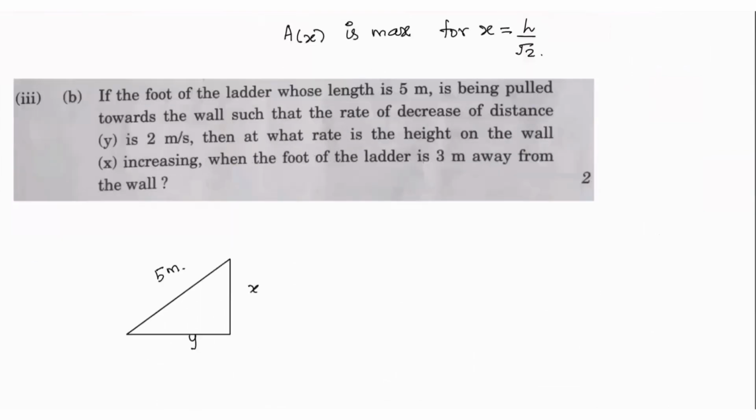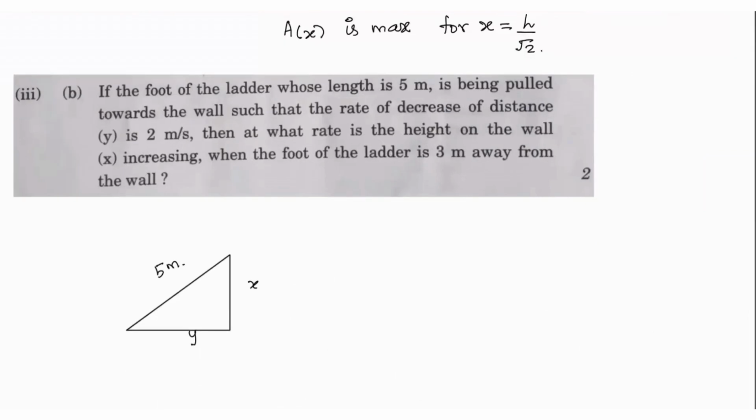The length is 5 meters, which does not mean the foot of the ladder is 5 meters apart. No, it's about the ladder whose length is 5 meters. It is being pulled towards the wall, which means the foot of the ladder is being pulled towards the wall.